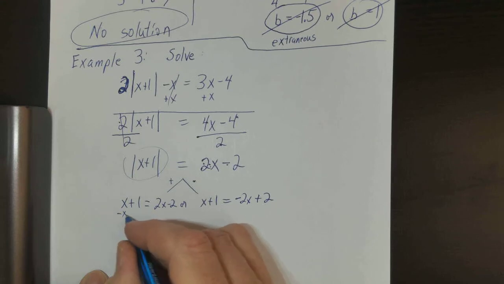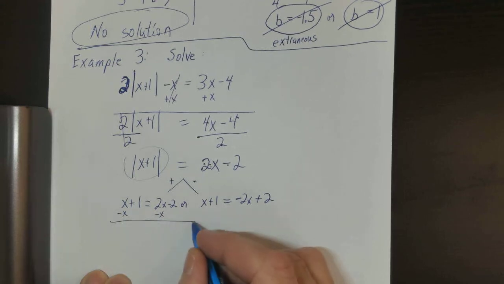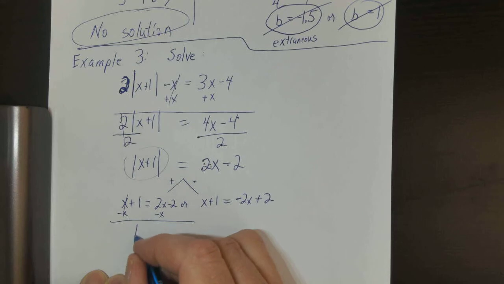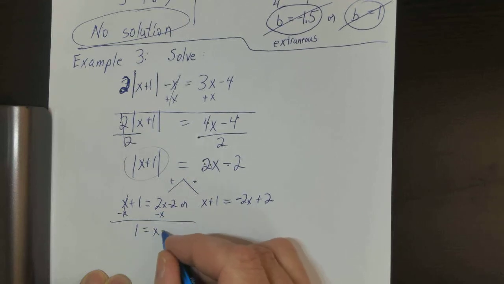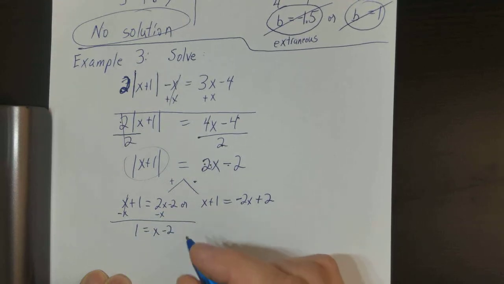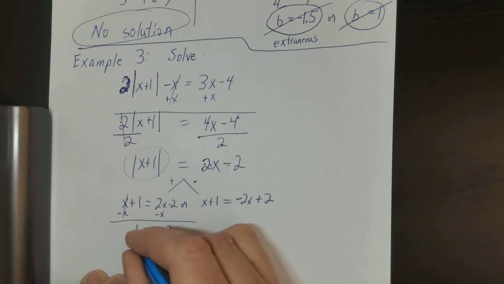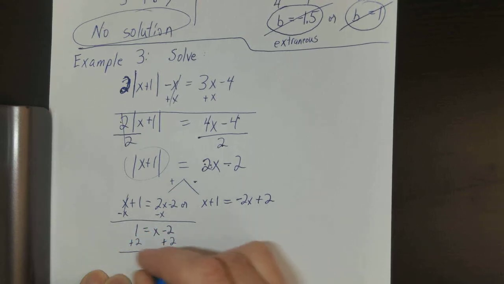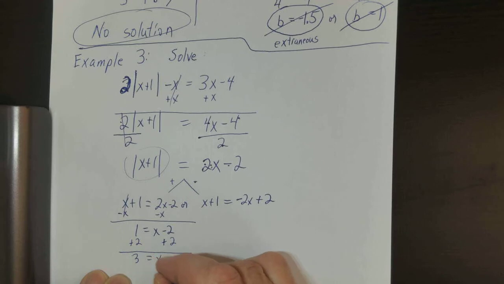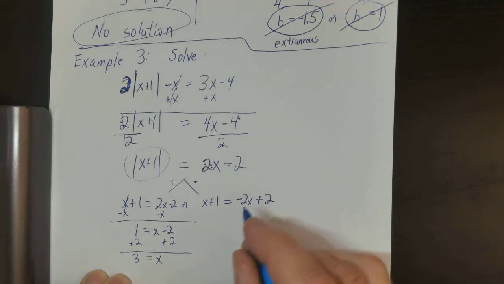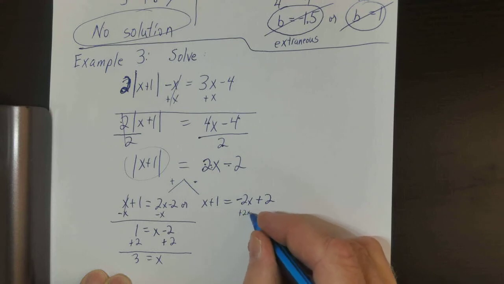I'm going to get the x's on one side, so solving for x, those cancel. That's 1 equals x minus 2. I will add 2 to both sides. I have 3 equals x. You need to check that. And on this one, I'm going to add 2x to both sides.